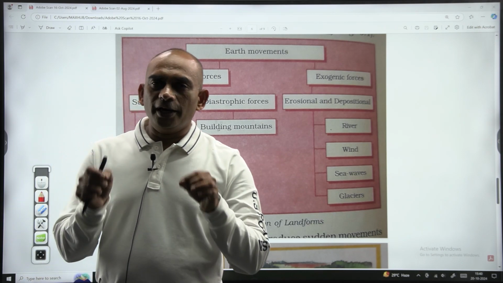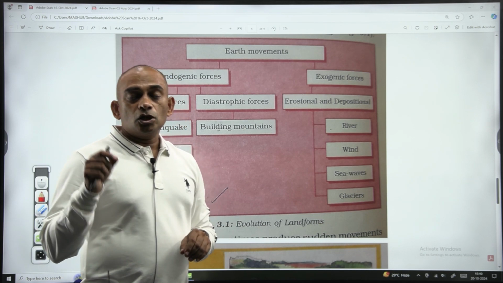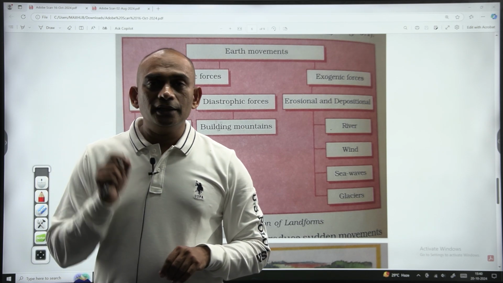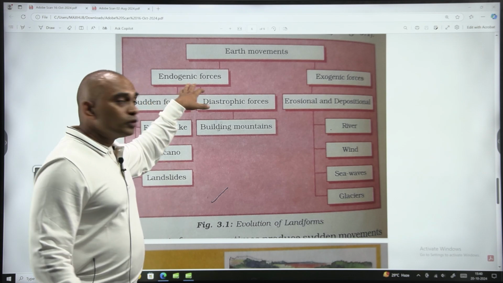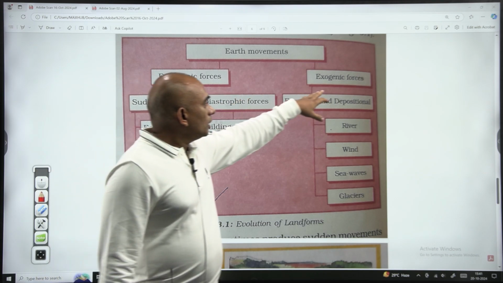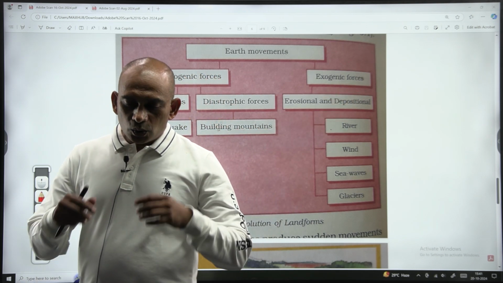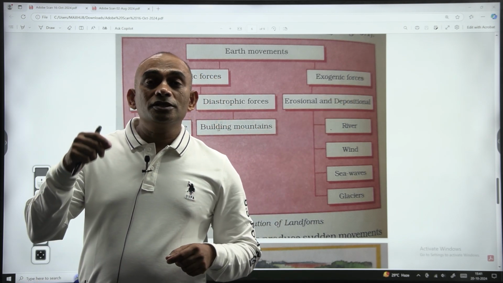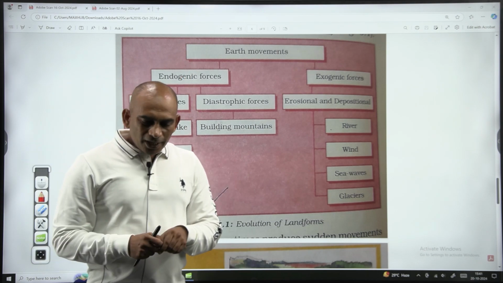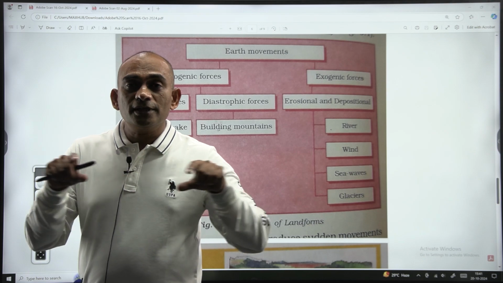What is the meaning of endogenic? These forces originate inside the earth, that means they act in the interior of the earth. And what about exogenic forces? Those forces originate outside, that means exogenic forces work on the surface of the earth.